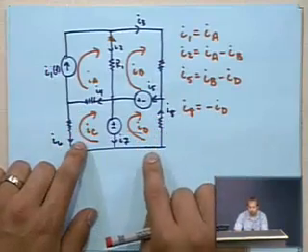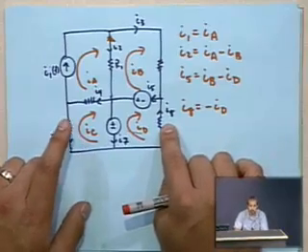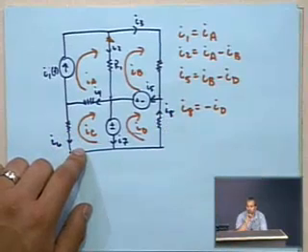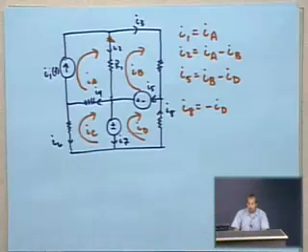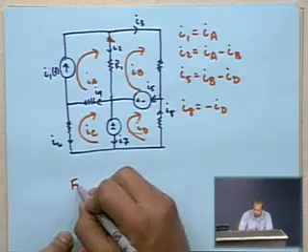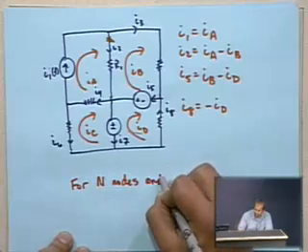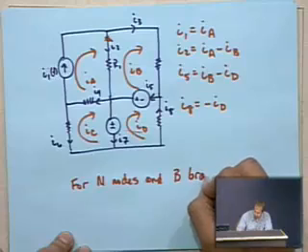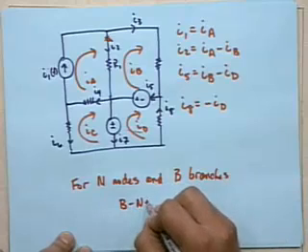If we know what the current is running through this resistor, then we can solve for the voltage across it, or the power being absorbed by it, just in the same way that once we have the node voltages, we can solve for anything else. And it says this on the slide, but to put it on the paper too, if we have n nodes and B branches, we will need B minus n plus 1 equations.